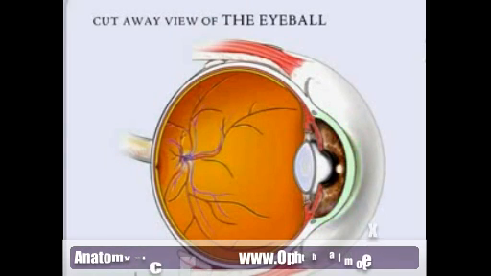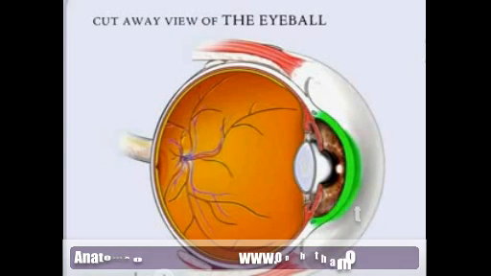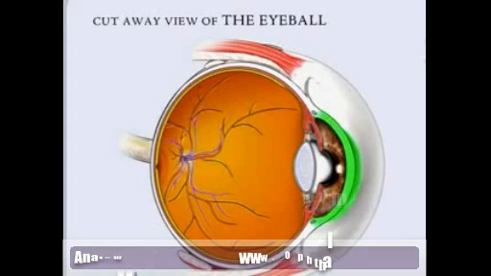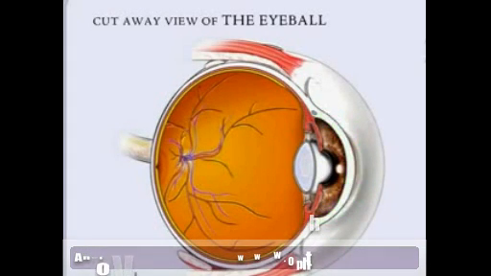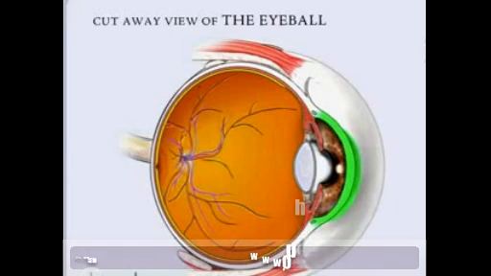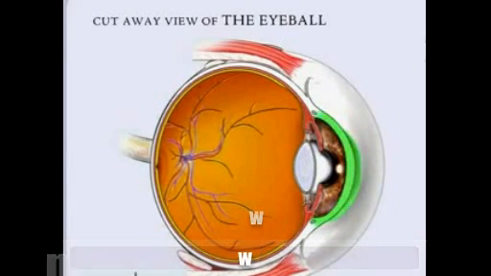It is also very important to note that the cornea is not vascularized. These are all the important points you should know about the anterior part of the eye, which is a transparent membrane, considered as the cornea.